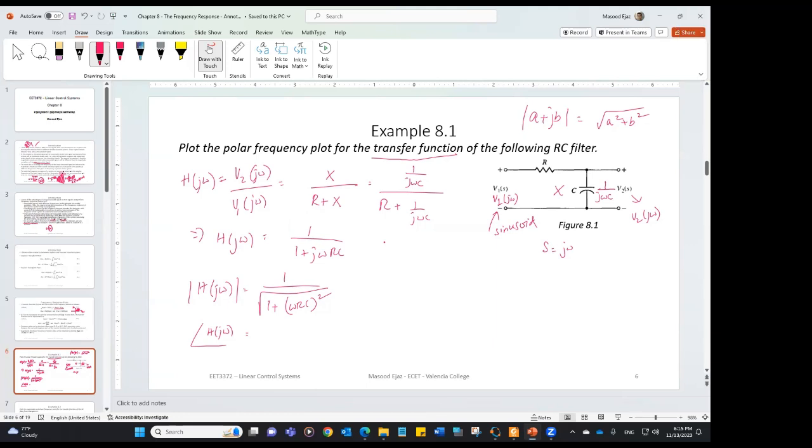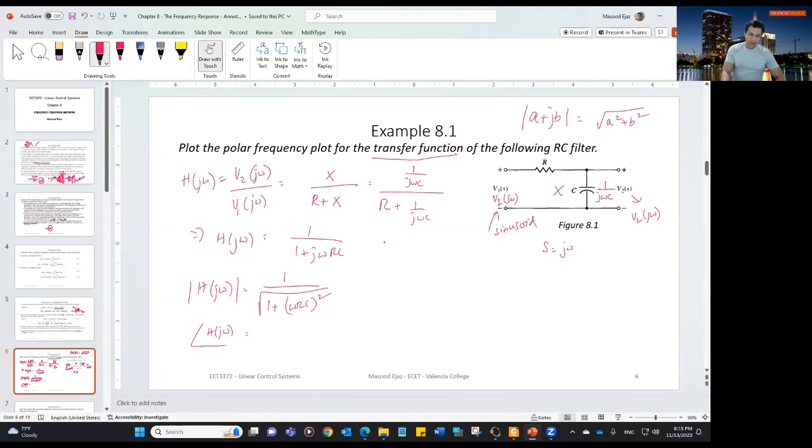Can you just solve it, convert it to polar, and then take the angle? Well, that's what I'm asking. How are you going to write it down as a phase? We are converting into polar. This is the polar form, the magnitude and the angle. That's the polar form. This is the rectangular form.